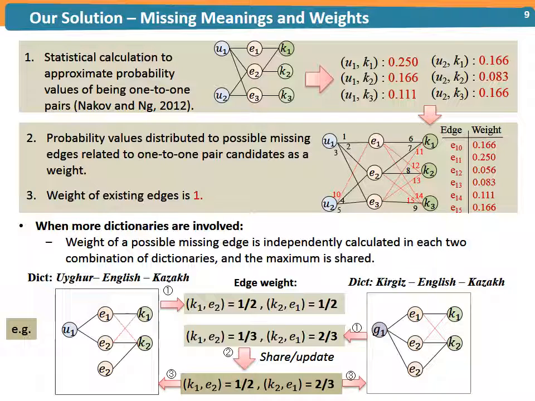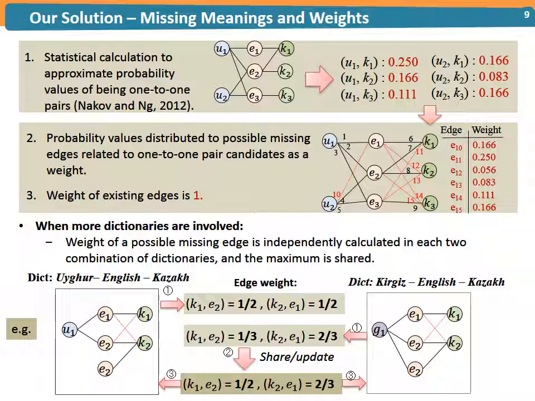We define a weight for a possibly missing edge as the chance or likelihood that the edge is really missing from the original dictionary. The value of the weight ranges from 0 to 1. A higher weight means the edge is more likely missing.